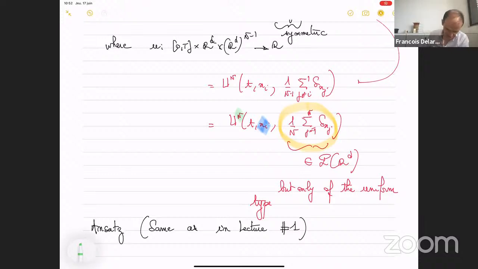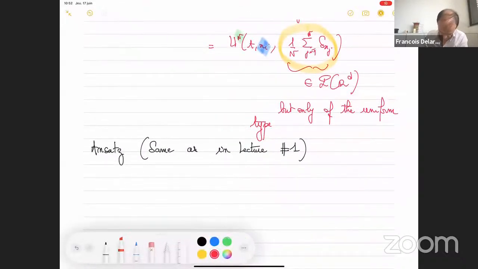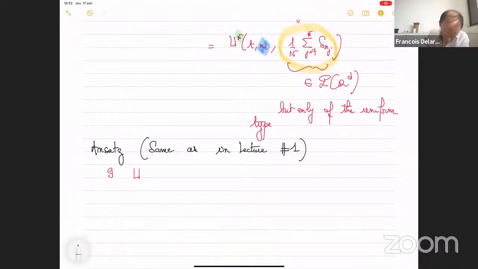So the ansatz is to say that there exists a function. I'm going to put a bar just to distinguish it from the solution to the master equation that I had yesterday. So there exists a U bar defined on the whole space.